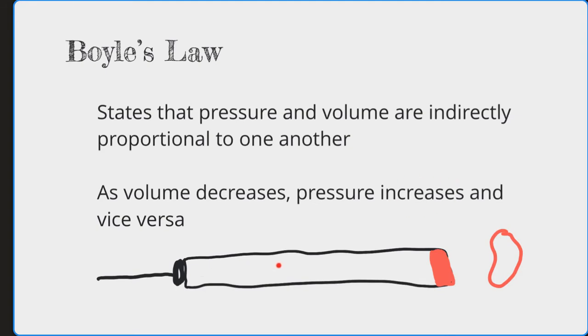So as we decrease the volume in here from the dowel to the potato, we're going to increase the pressure, and then what happens is that the piece of potato is going to fly out. And that's the same sort of idea that's going to happen within the closed system of our lungs, that as we decrease the volume, we increase the pressure, and as we increase the volume, we decrease the pressure.